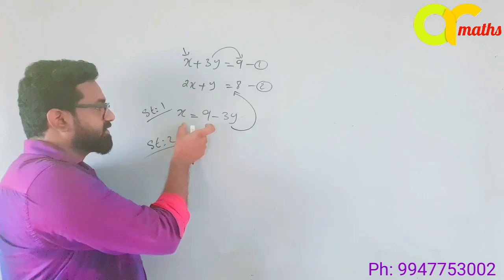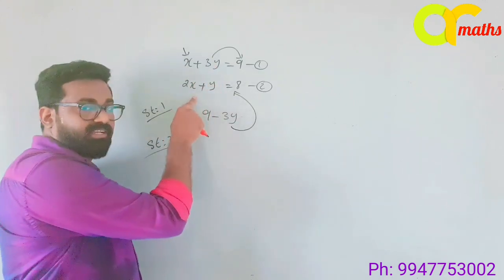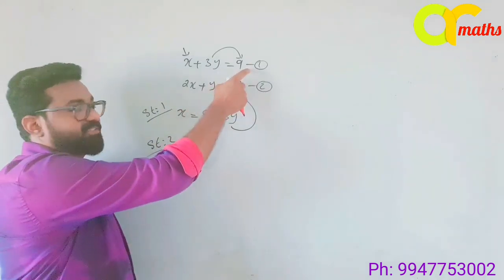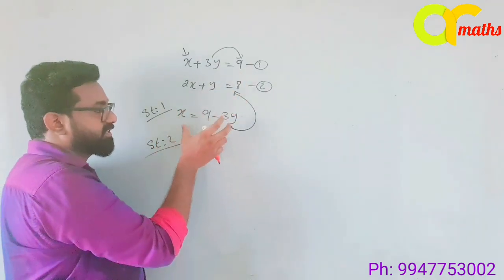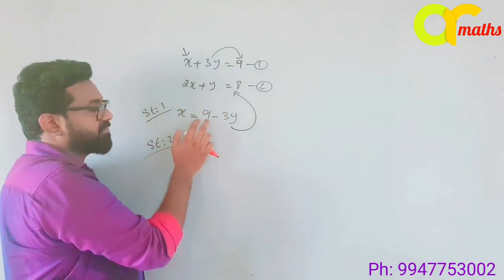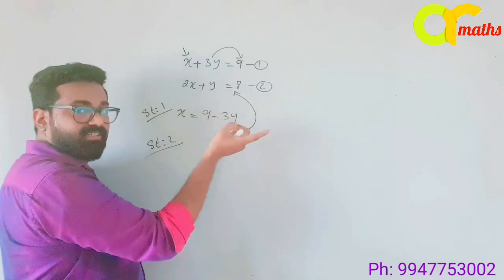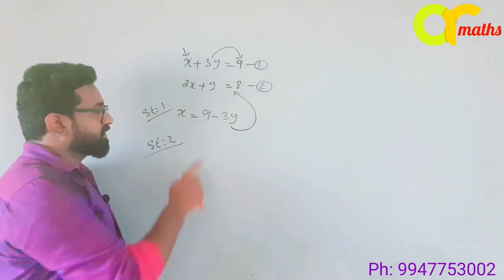We got this x from the first equation, then that x we substitute in the second equation, not in the first equation. We get x equal to 9 minus 3y from the first equation, then substitute x equal to 9 minus 3y in the second equation.